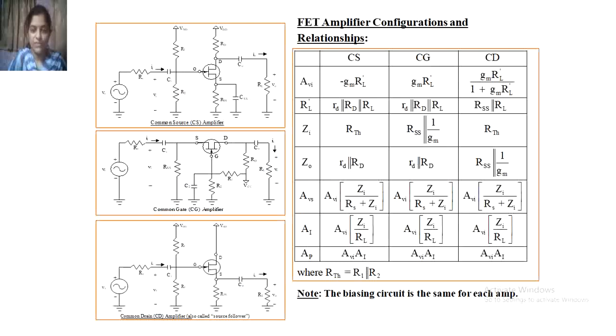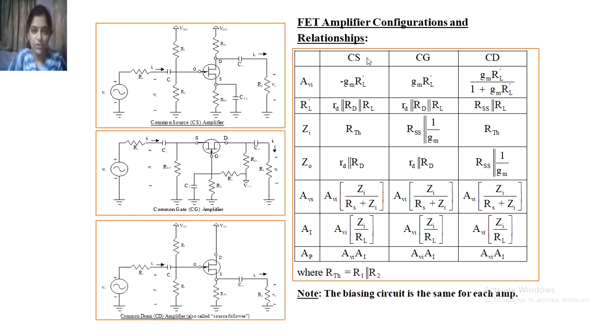Here we have already seen the configurations: common source, common gate and common drain. These are nothing but the circuitry. In a configuration, one terminal is common between the input and output of the circuit.